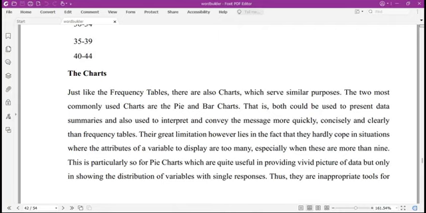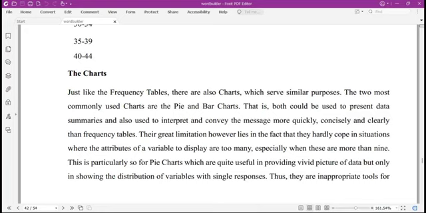But when the data is so much, the wider the data, the smaller the segment of the circle. And when the segment of the circle becomes so tiny, it will not be easy for you to really understand the message very well. So this great limitation lies in the fact that they hardly cope in situations where attributes are so many, you have so many of them to display.